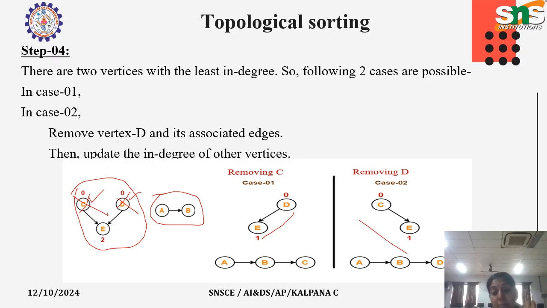Likewise A, B. So in case 1, A, B, C will be the resultant vertices, and for case 2, A, B and D will be the topological ordering.